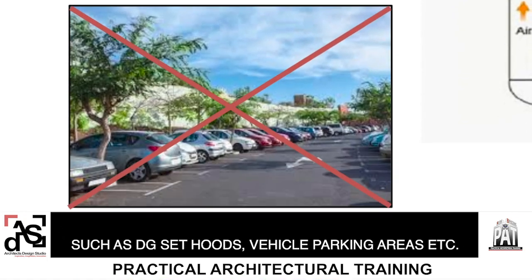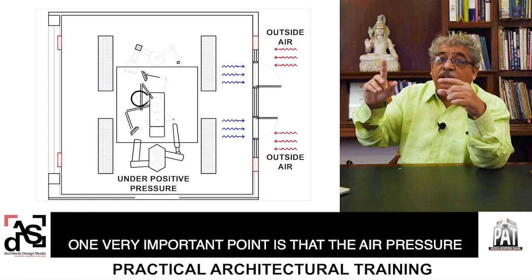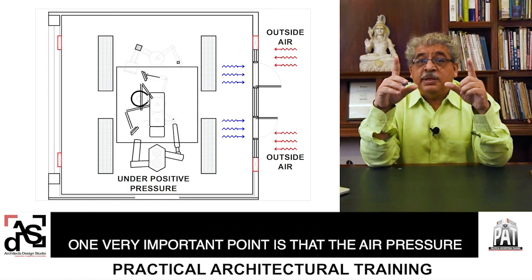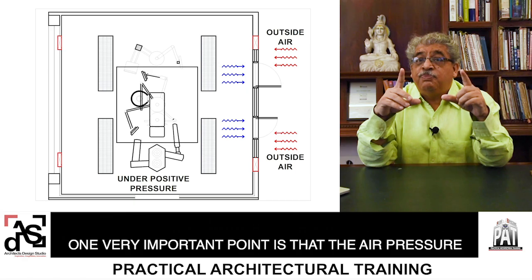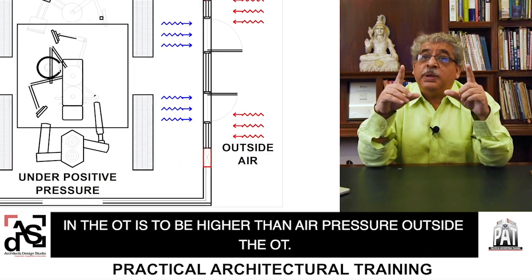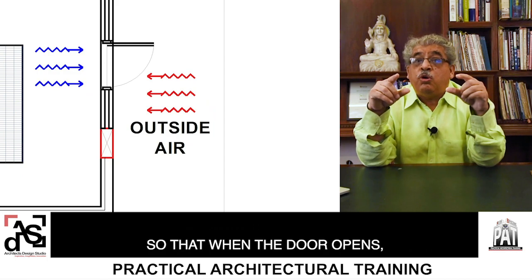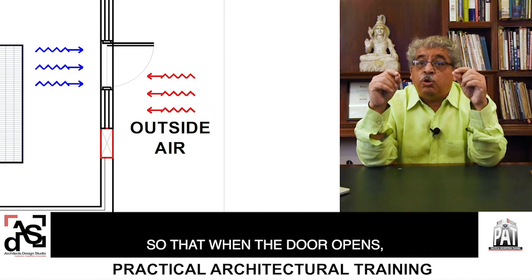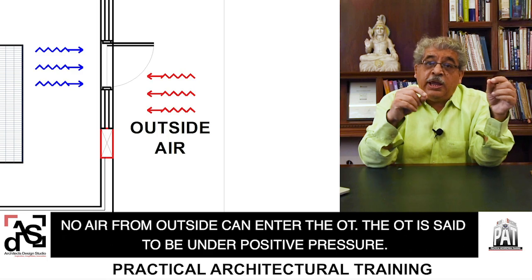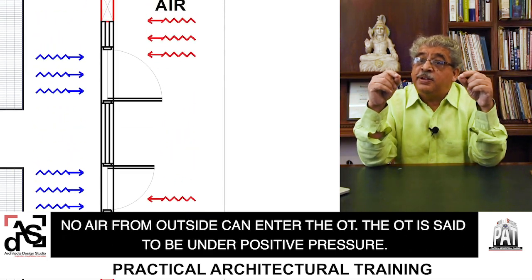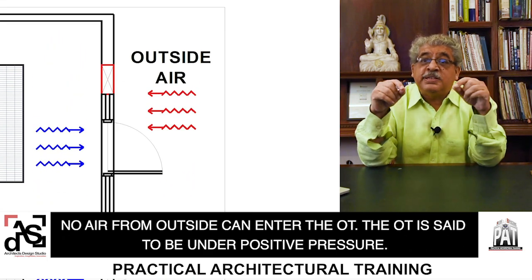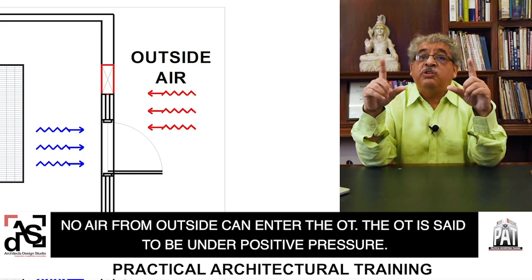One very important point is that the air pressure in the OT is to be higher than the air pressure outside the OT. So, when the door opens, no air from outside can enter the OT. The OT is said to be under positive pressure.